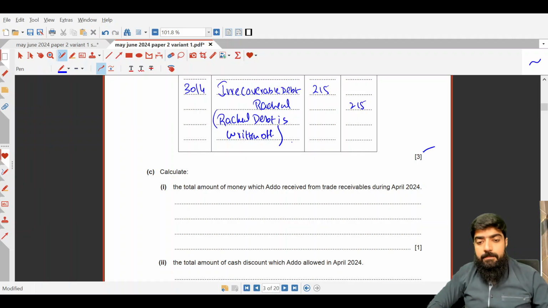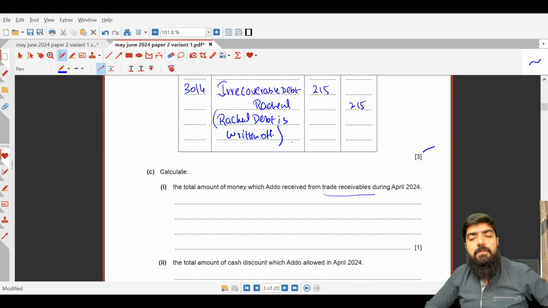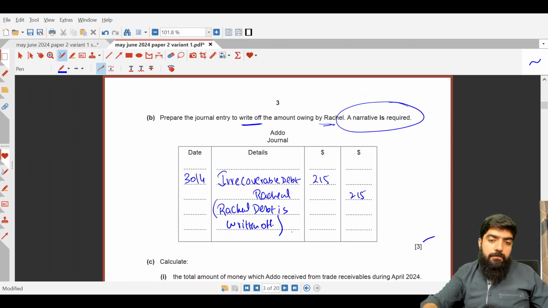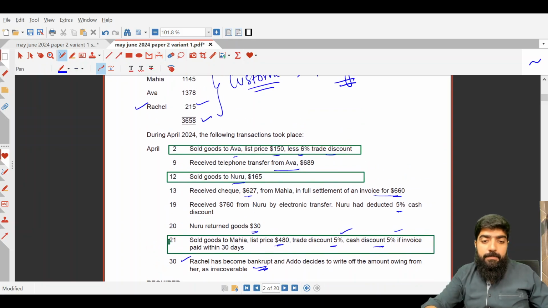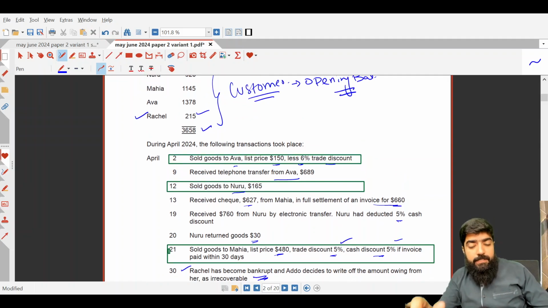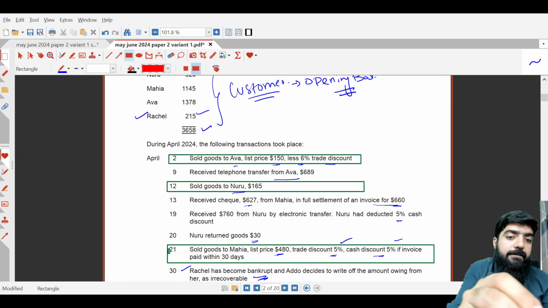Now, the total amount of money which the company received from trade receivables during that period: how much amount has the company received from the customers? We just need to identify which ones are the received transactions, right?